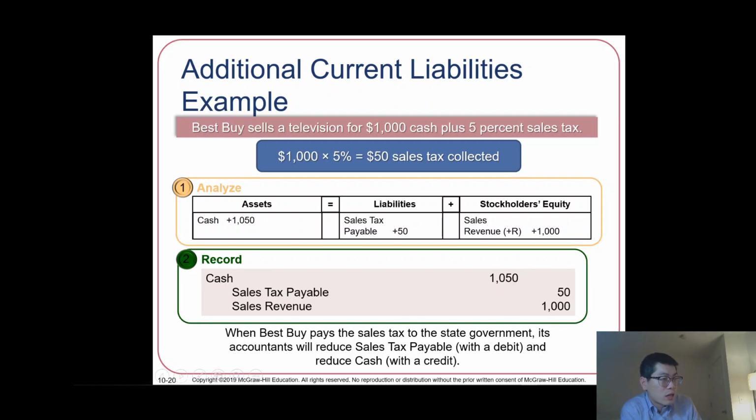Sales tax payable has to be paid off within a year, right? That's $50, and the $1,000 for the products is our sales revenue. So we debit cash and credit sales tax payable and sales revenue for the corresponding amounts.